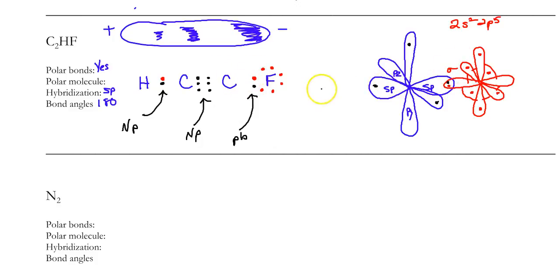Now we have another carbon that is sp hybridized. So here's one sp overlapping, and there's another sp overlapping.